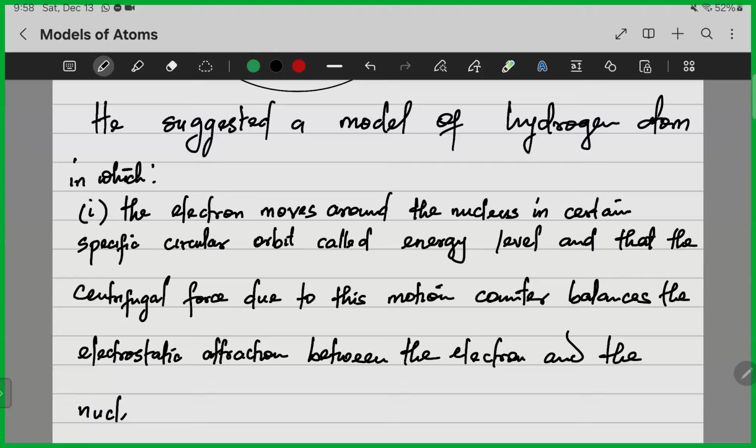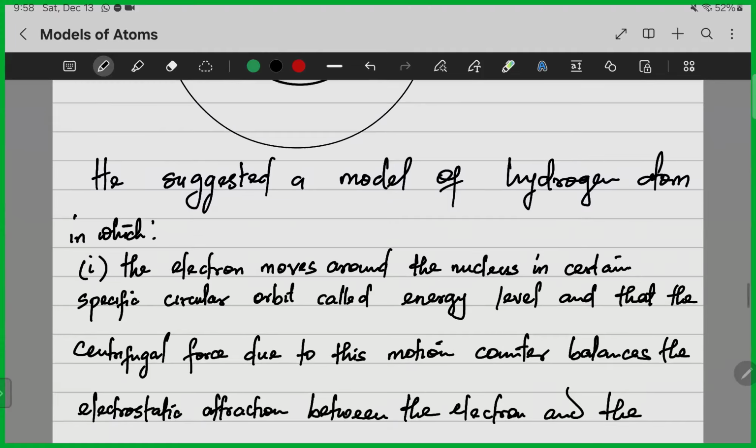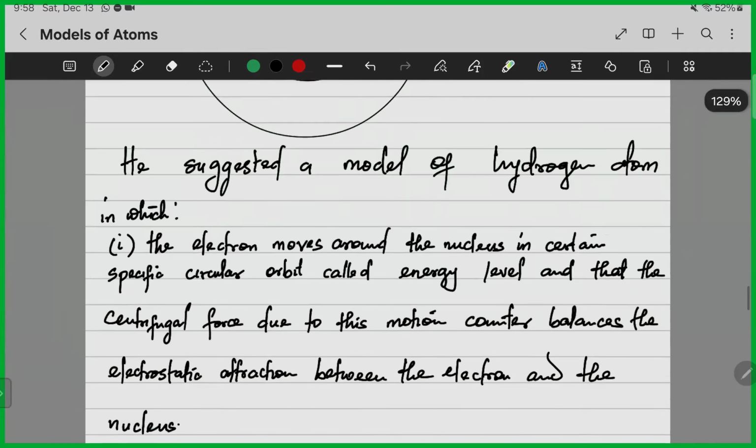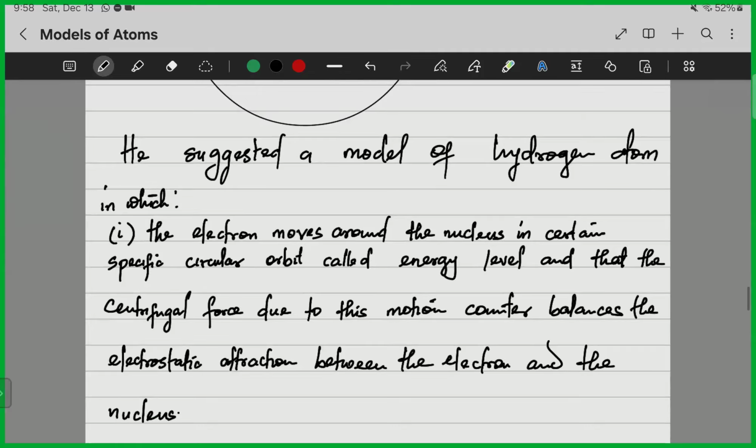I will advise you, go and read this note. By now you should be a student that goes back to your notes, reads, and drags out the important points. The electron moves around the nucleus in certain specific circular orbits called energy levels, and the centrifugal force due to motion counterbalances the electrostatic attraction between the electron and the nucleus.